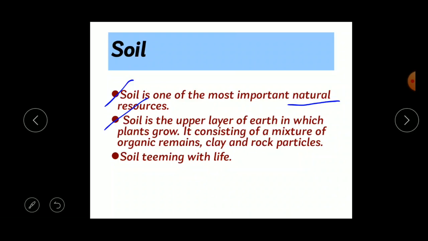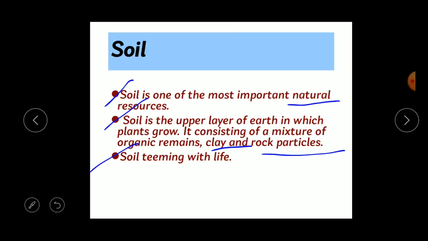This layer consists of a mixture of organic remains, in the sense the decomposition or decaying of plants and animals, and it consists of clay and small rock particles. So this is called soil. The next point is soil teeming with life. Teeming in the sense filled especially with living things, right? So soil provides a home for many living organisms, right?